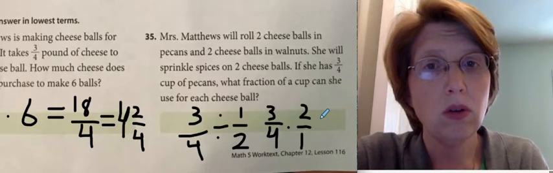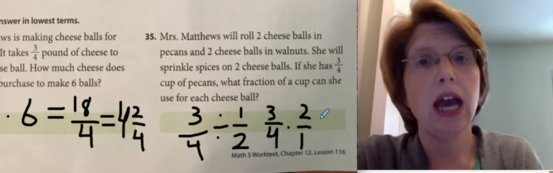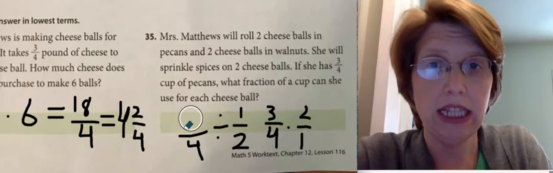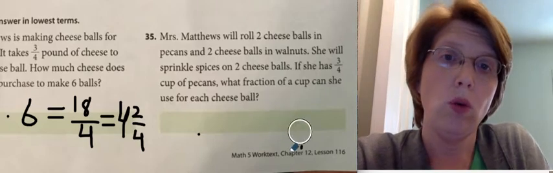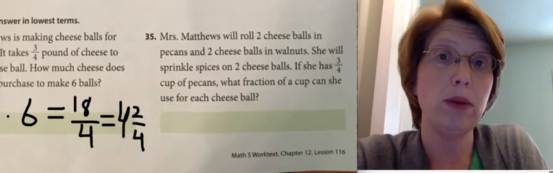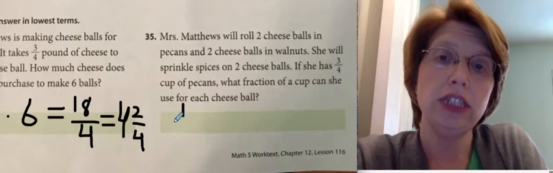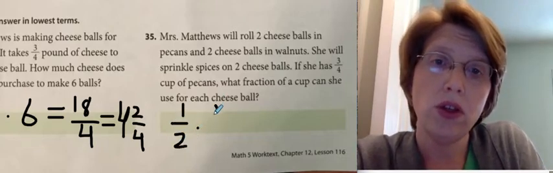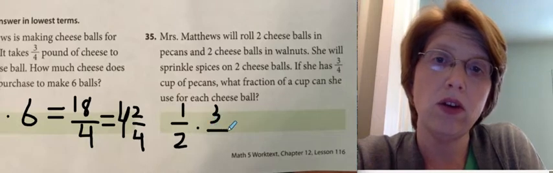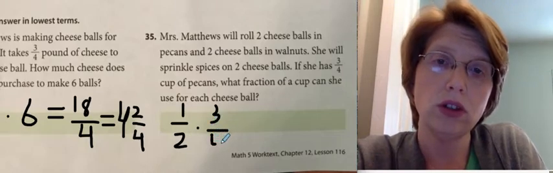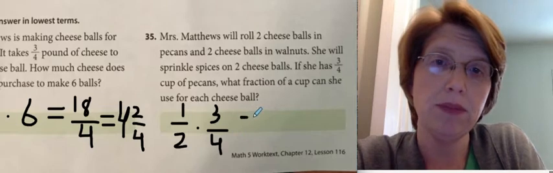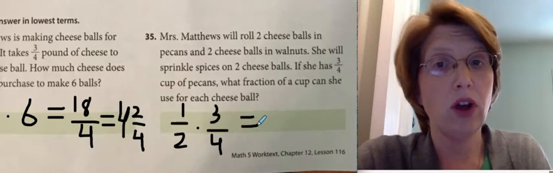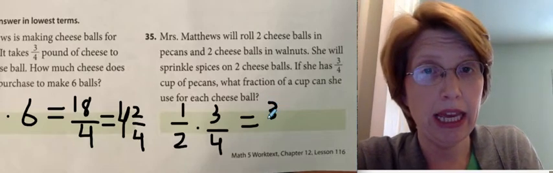So I know what I need to do. Instead of division, this should say 1/2 of. Remember our "of"? This should say 1/2 of 3/4. Then, when I multiply that across, I get 3/8.